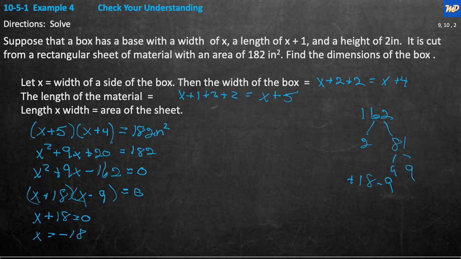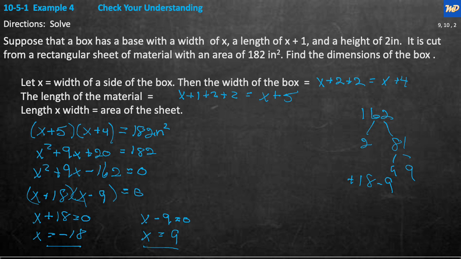And for the other one, x minus 9 equals 0, and x equals 9. We know from last time that negative 18 can't work, because it's a real-world problem with real dimensions, and real dimensions on a box cannot be negative. So 9 makes sense in this solution.